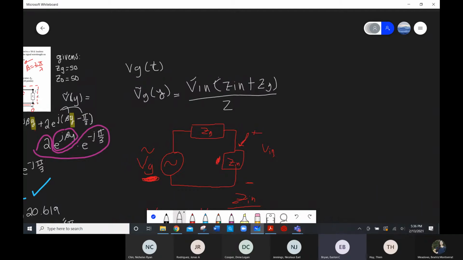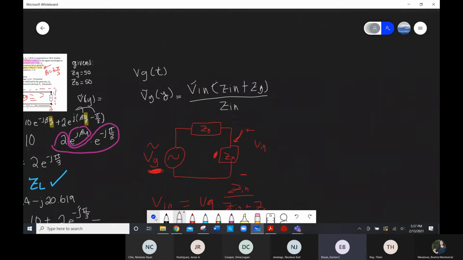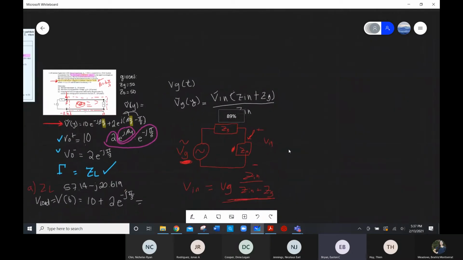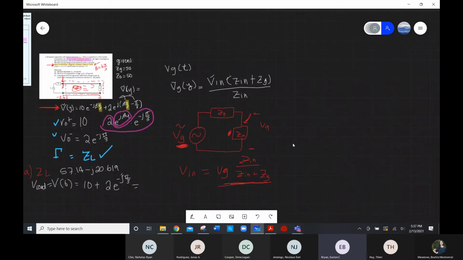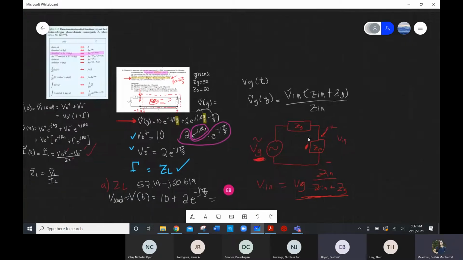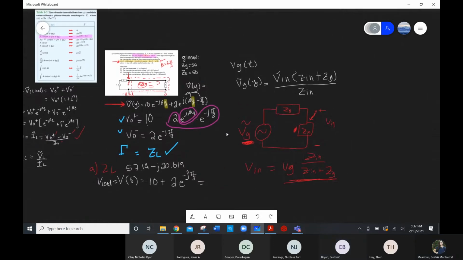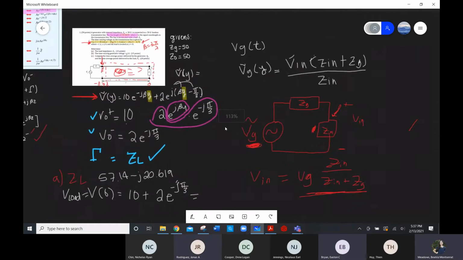In the next problem, there's another impedance, a load impedance, so you have to work from right to left, reducing the network down closest to the voltage generator so that you can do the same voltage divider to get the generator voltage. Okay, do you guys have any questions on why VG is a voltage divider and how we found it?